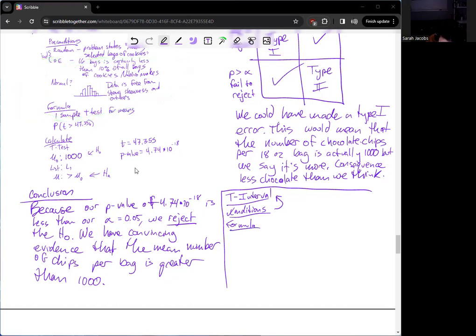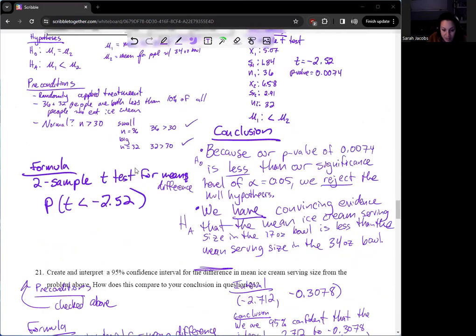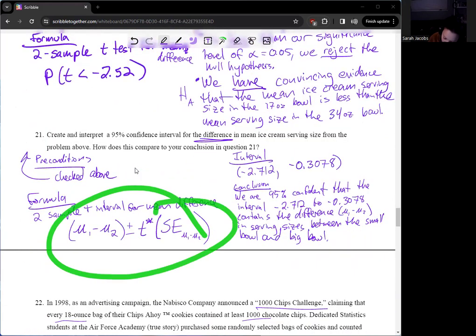Okay, the formula is going to be mu plus or minus t star times the standard error of x bar. Oh, sorry, that's not going to be mu. That's going to be x bar. I made an error earlier up here on this interval. These shouldn't be mu's.